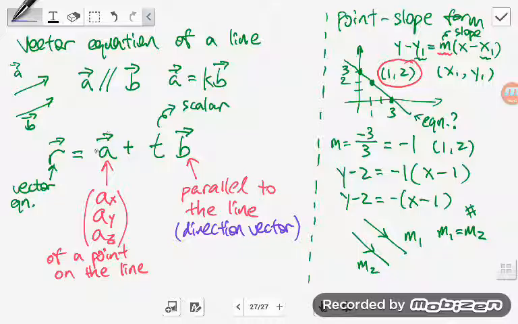But for this vector A, the position vector of a point on the line, that's pretty much common language. For vector B, some people will say it's a vector parallel to the line, or some people will call it the direction vector. All right, now let's look at an example then.